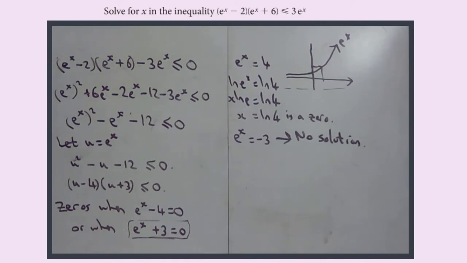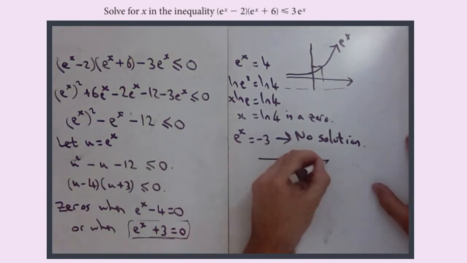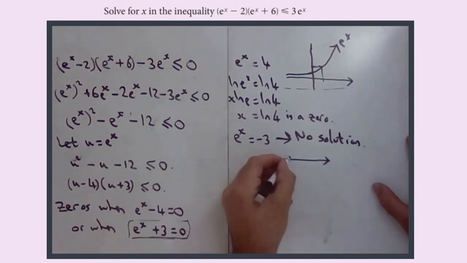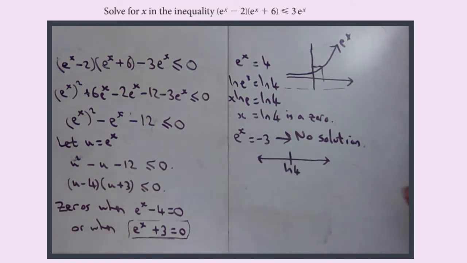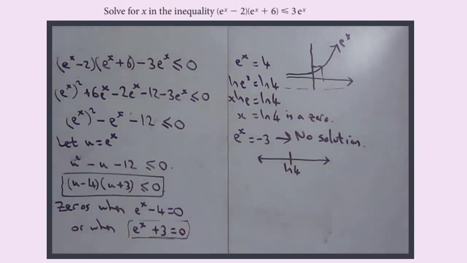So we probably could do with a sign diagram. We know we have this 0 when x equals ln4, and we're interested in the signs either side. So I think the easiest way to do that would be to consider this particular inequality here: the u minus 4, u plus 3, and think about the signs of that.